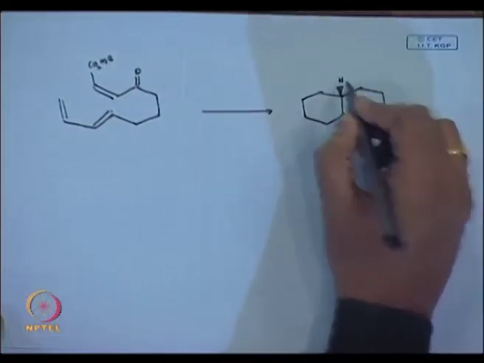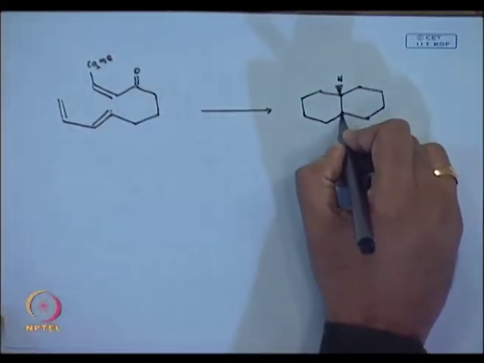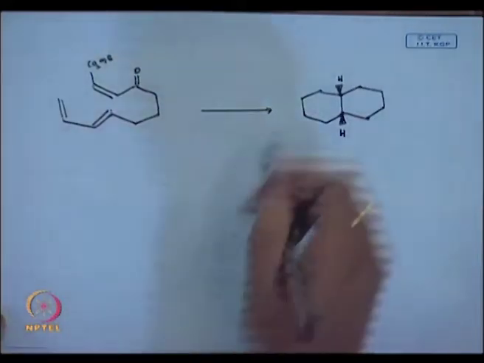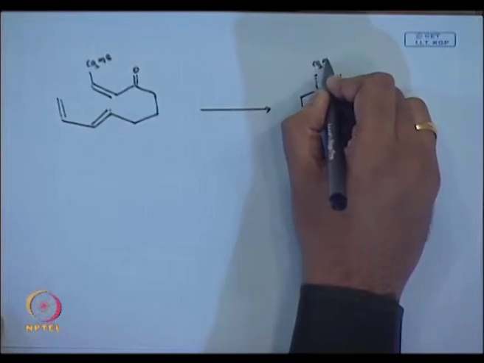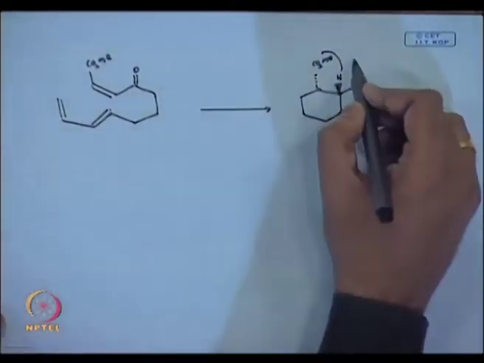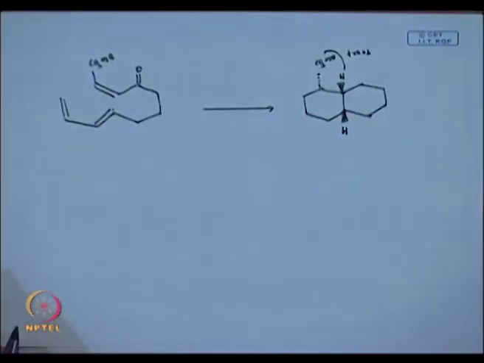What we have studied is that this system should be a cis ring junction. But very interestingly, you have a CO2Me, and this and this are trans. So you get this type of product.